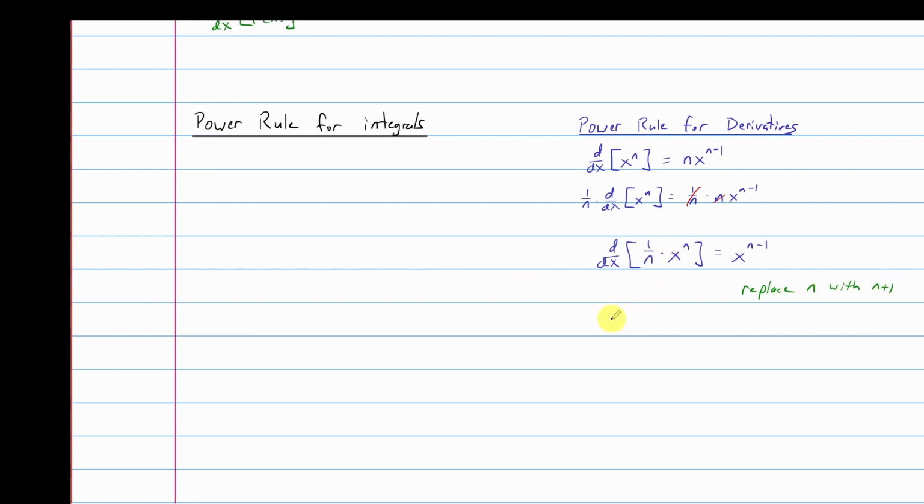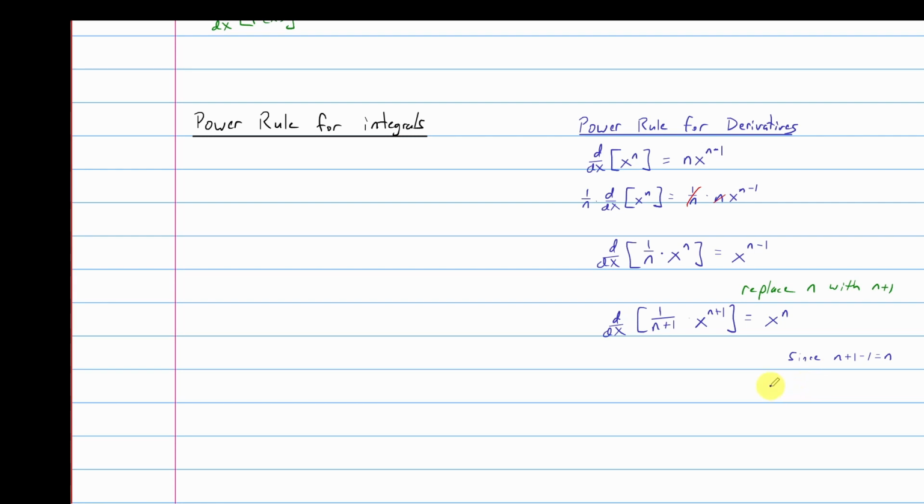So on the left-hand side, this would say that the derivative of 1 over n plus 1 times x to the n plus 1, if I were to follow my power rule for that, n plus 1 comes down and cancels, and then I lower the power by 1, and I'll get x to the n. But all I've done is I've replaced my n with an n plus 1 on the left, and then also on the right. An n plus 1 minus 1 just gives me an n.